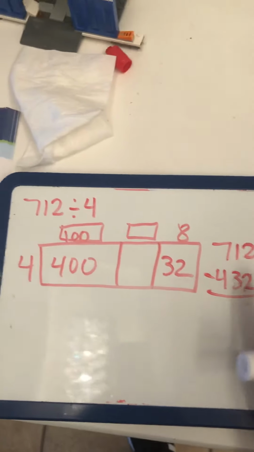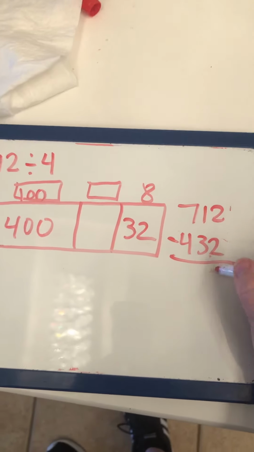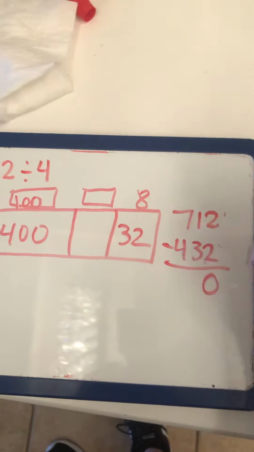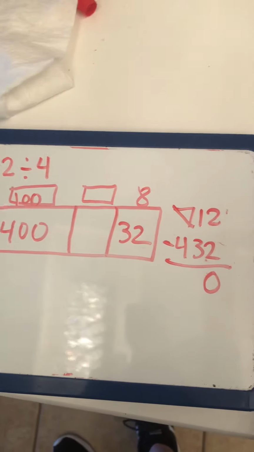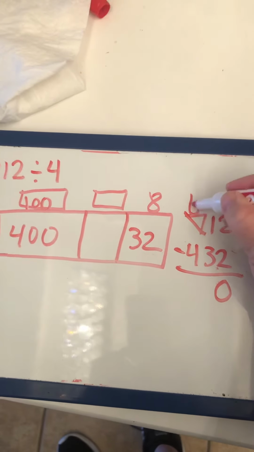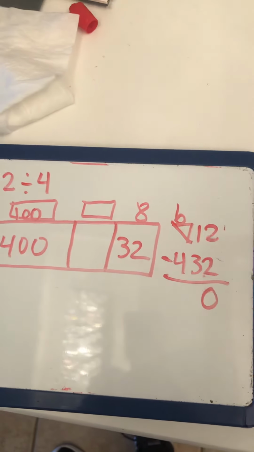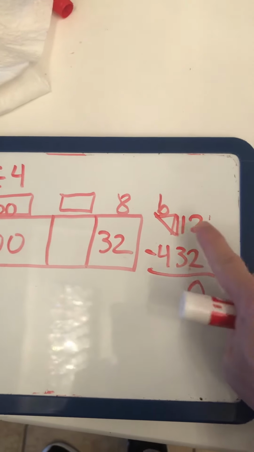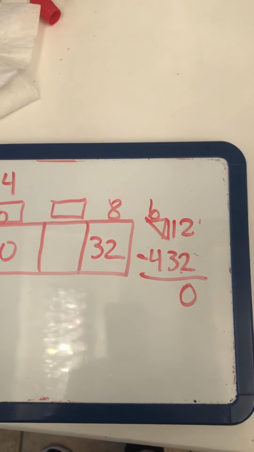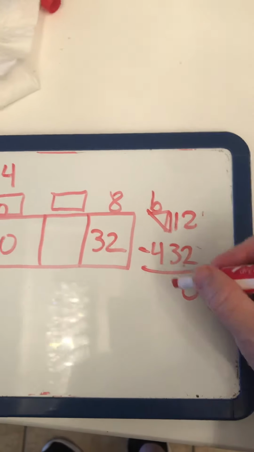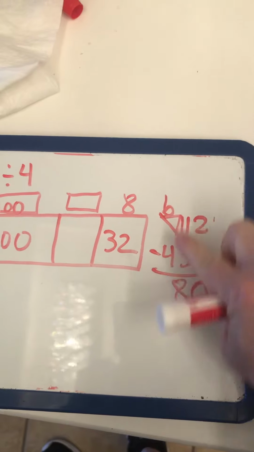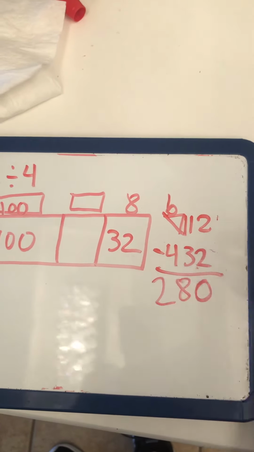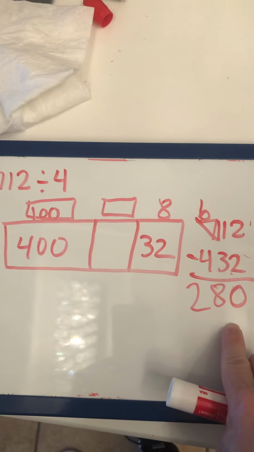So 2 minus 2 is 0. 1 minus 3, can't do it, so I'm going to borrow from that hundreds. I'm going to borrow a 10, so that leaves me with 6 in my hundreds, and it leaves me with 11 in my tens. 11 minus 3 is 8, and 6 minus 4 is 2. So now I'm at 280.